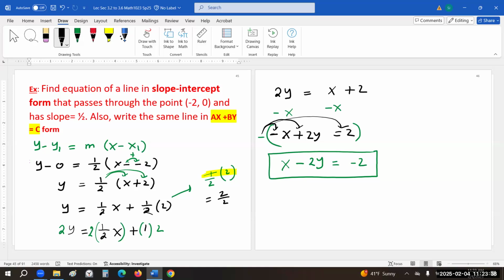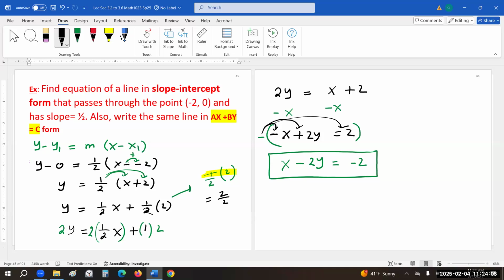We brought x from right to the left, so x turned into negative, right? So negative x plus 2y. Anything could be negative, but we want our x to be positive. The rest can be negative. We don't care about the rest. We only care about the sign of the first term, which is x.